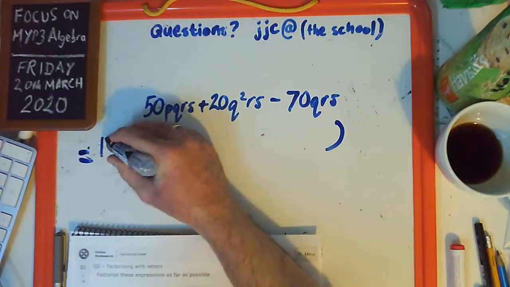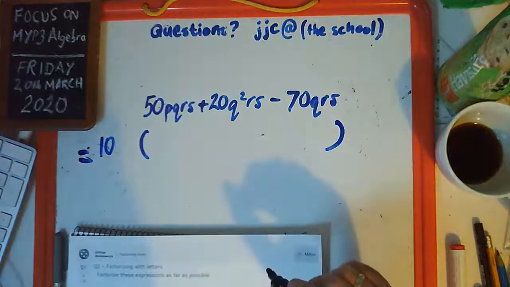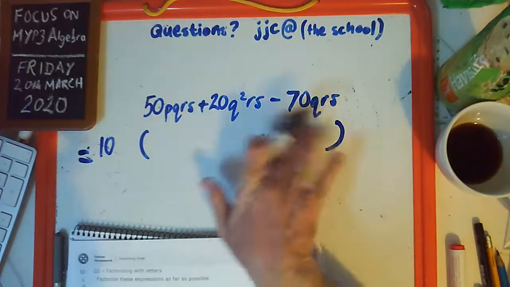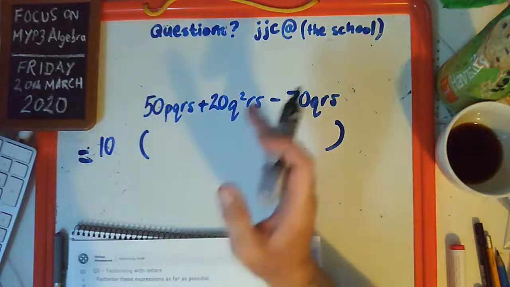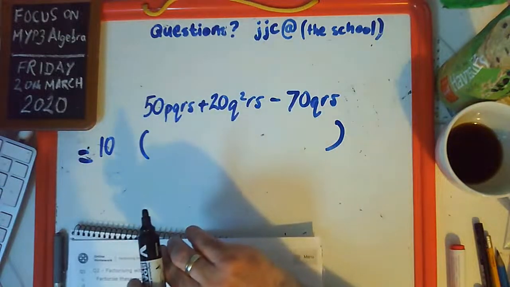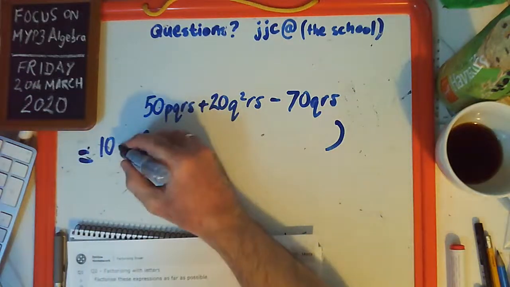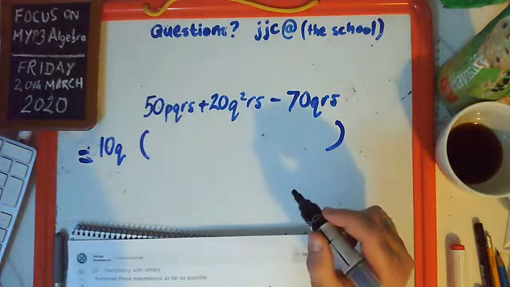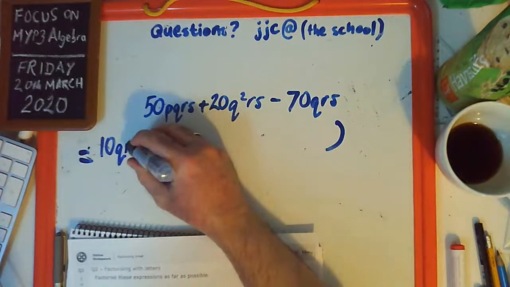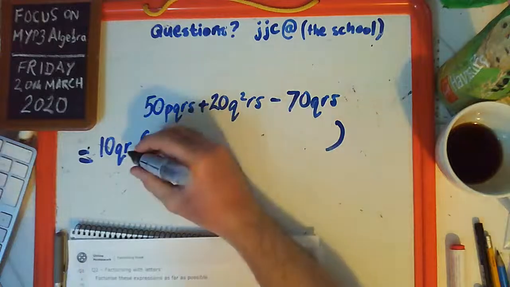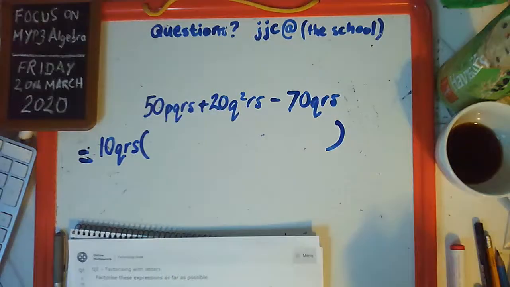So I can take a 10 outside the bracket. They don't divide by anything bigger than that. There's a p in there, but these haven't got any p's in, so I can't take the p, so to speak. They've all got a q in, so I can take a q outside. They've all got an r in, so I can take an r outside. And they've all got an s in, so I can take the s outside.